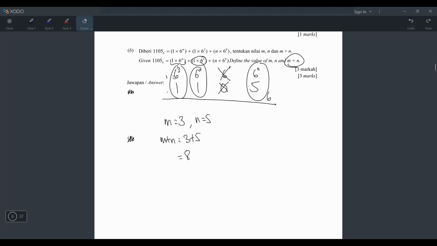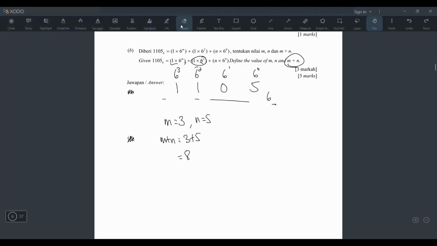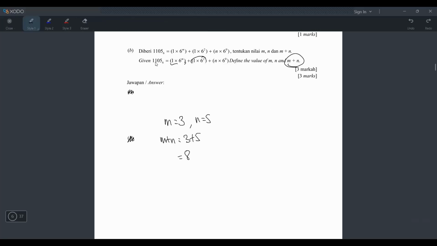I don't think you have to show them all this working, right? You can erase all this working. Let me erase nicely first. You just write down something like this: 1105 base 6 is equals to what? This one is 6 power 0, 6 power 1, 6 power 2, 6 power 3, right?